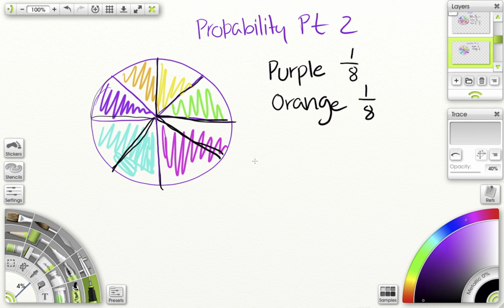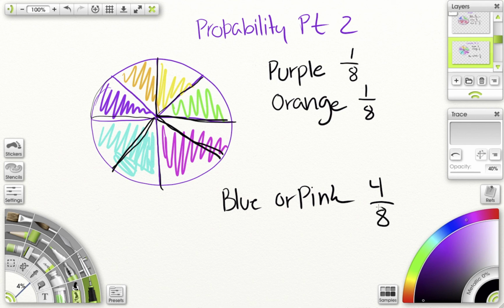What if I was spinning the spinner to figure out what is my likelihood of landing on blue or pink? So I can land on one or the other. Instead of just landing on one particular color, I'm landing on blue or pink. Well, how many spots does blue and pink take up? 1, 2, 3, 4. Takes up 4 spots out of the 8 on the circle.